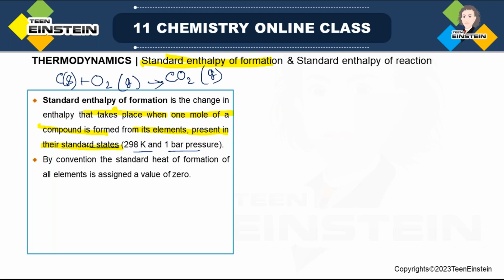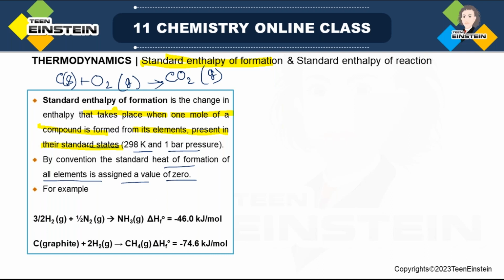So when you maintain this condition for the elements from which CO2 is produced, and it is only for 1 mole of the substance, the enthalpy change you get is the standard enthalpy of formation for CO2. And by convention, the standard heat of formation of all the elements is assigned a value of 0. That is only for elements.